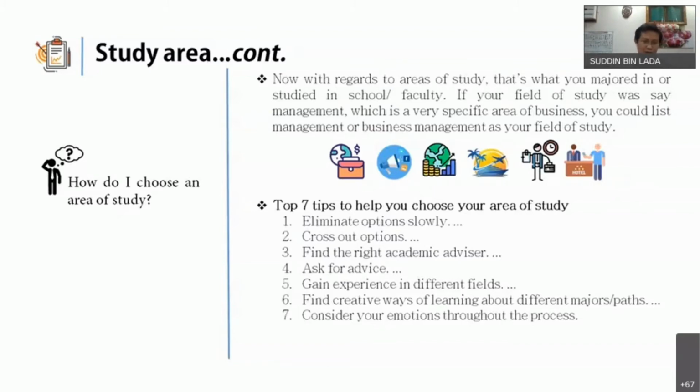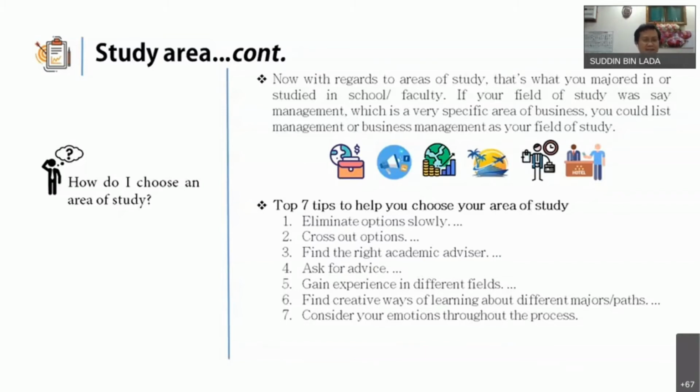When you talk about hotel management, tourism studies, or cultural studies, these three are very related to marketing decisions, because they also talk about consumer attitude and consumer behavior. So we need some experience in different fields. Number 6, find creative ways of learning about different majors and paths. This is also very helpful for you.